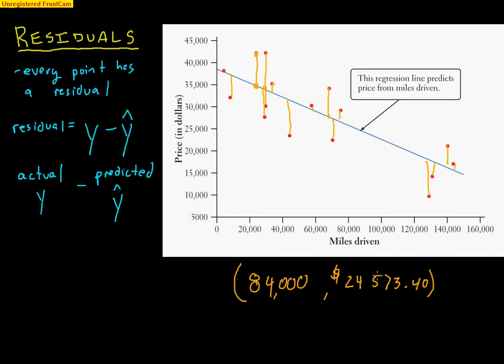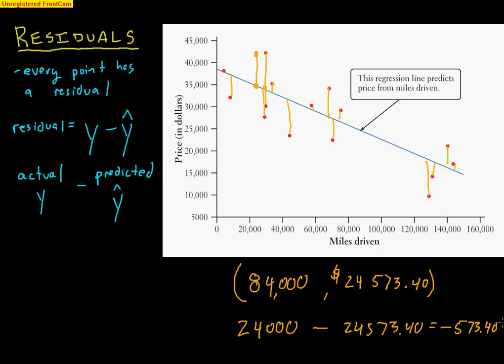So to get my residual, I would take the actual price, $24,000, minus the predicted price, $24,573.40, and I'd get a residual. The residual would be the actual $24,000 that it cost minus the predicted cost, and I would get a negative $573.40, which means that it was predicted to cost more than it actually was, right?